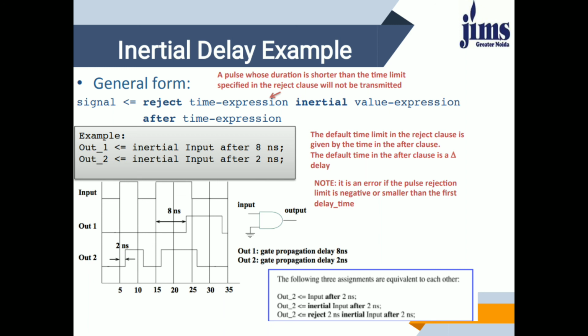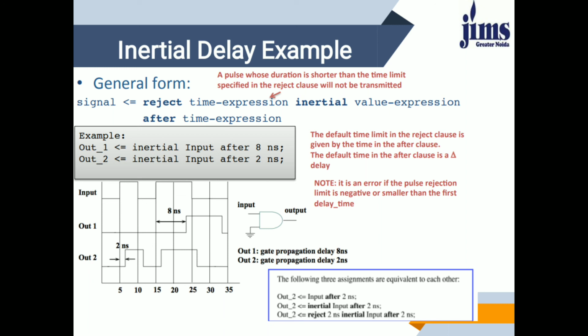You need to note that a pulse will be rejected if and only if its value is less than the value given in the time expression. The following three assignments are equivalent to each other here.